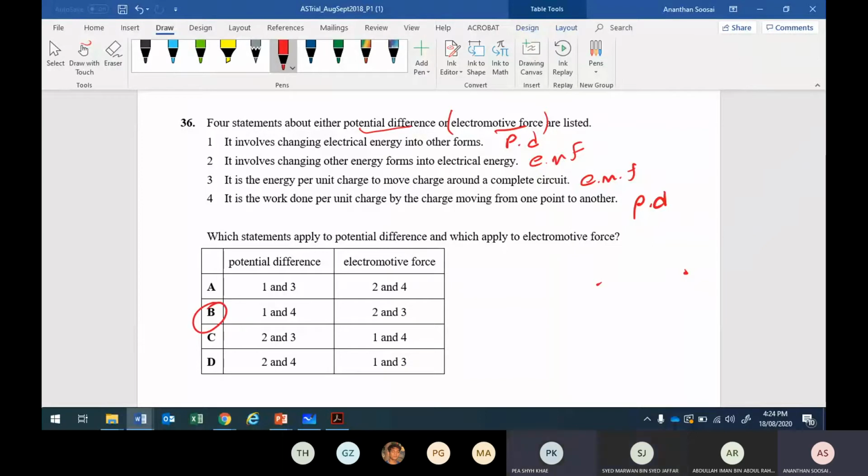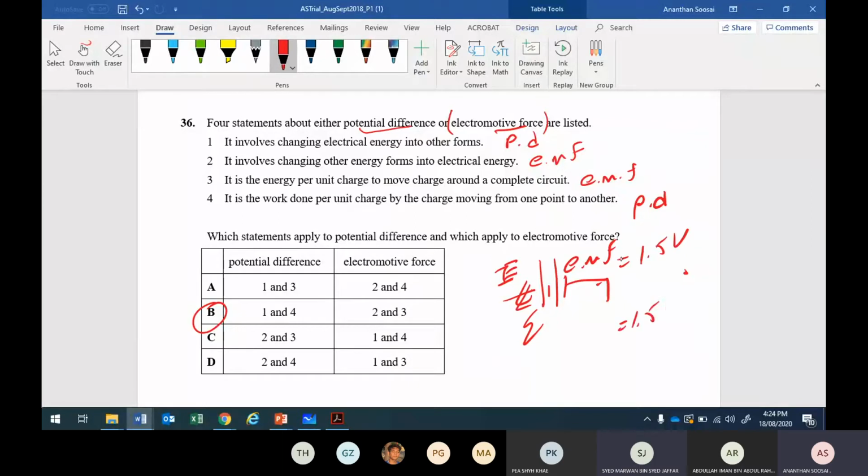Teacher, can you explain the second one again? Second one, it involves changing other form of energy into electrical energy. In the battery, the amount of chemical energy converted to electrical energy per unit charge is your EMF. Let's say EMF is given as 1.5 volt.